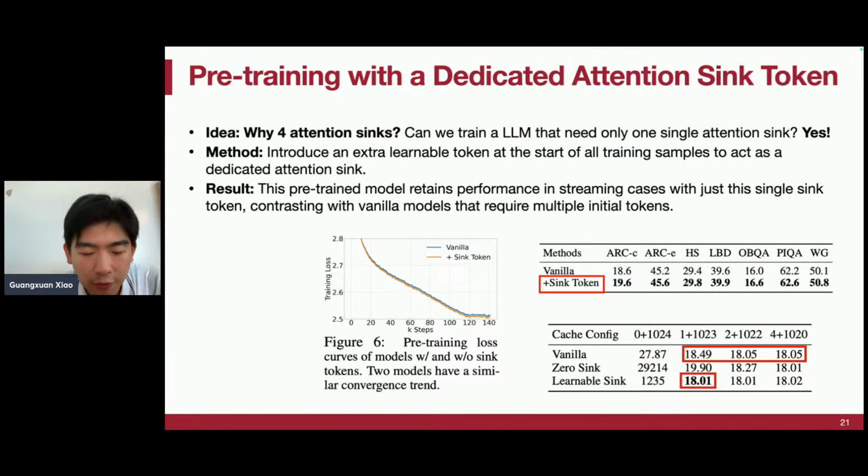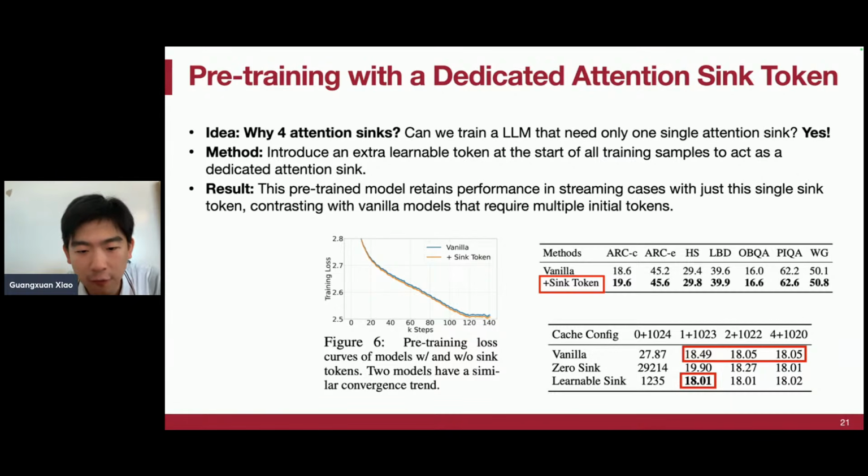And if we use zero sync, like the softmax off-by-one approach, only keeping one token is not enough because the model is not fully leveraging the initial token, the zero in the front.